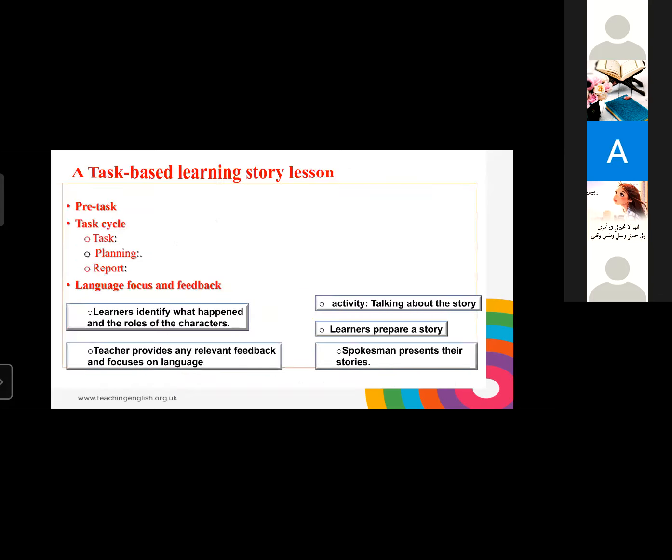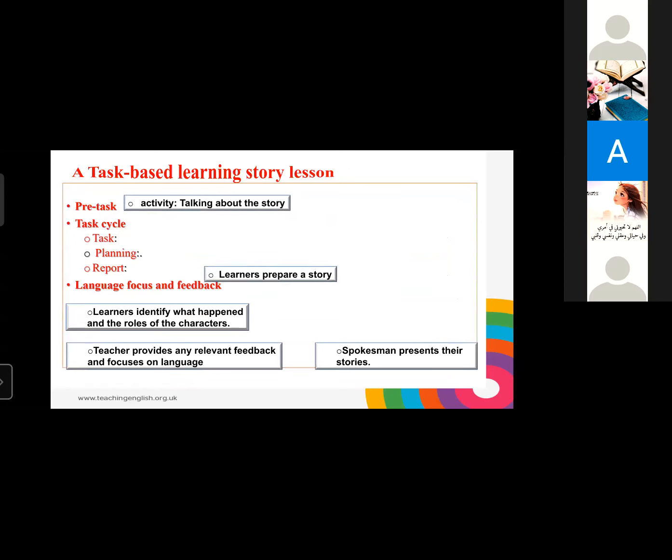To be more clear, let's see this. A task-based learning story lesson. Here, pre-task, task cycle, we have task, planning, report, language focus, and feedback. Here, we are going to match each point to its suitable stage. In the pre-task, we have an activity talking about the story.